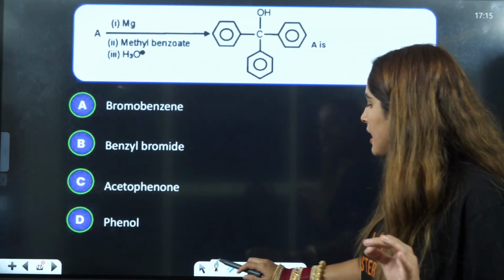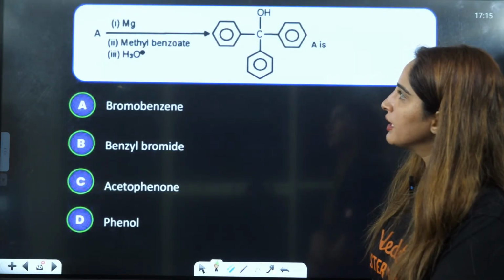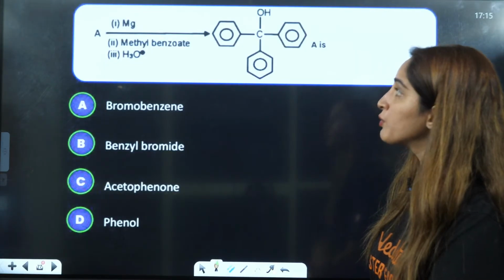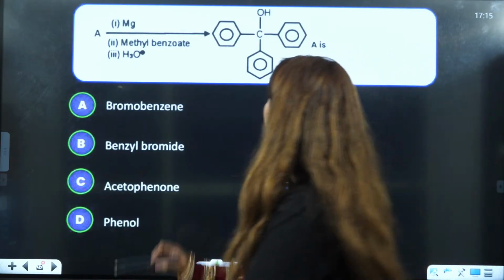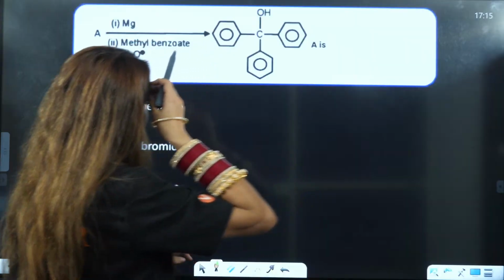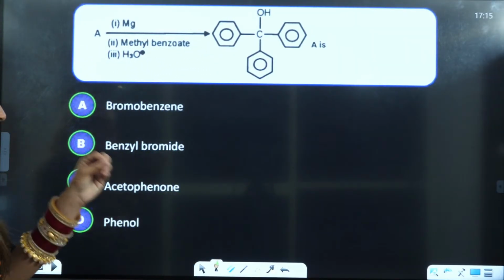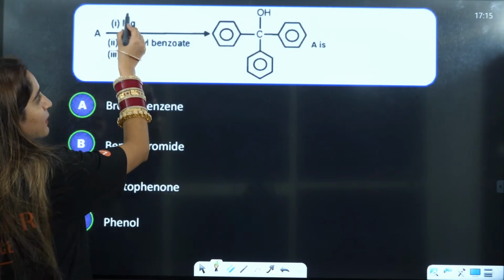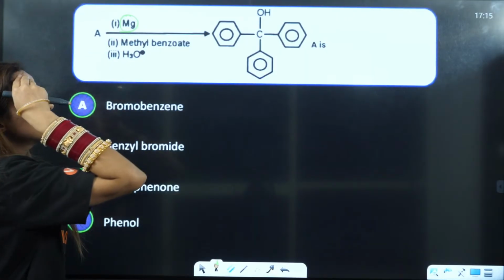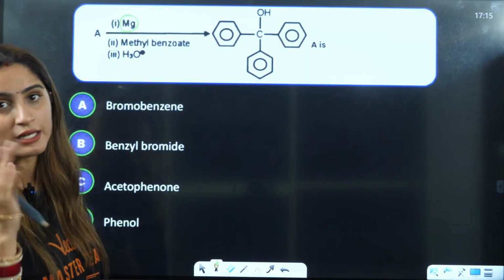Next is, here you have a compound, in which you add Mg, then you add methyl benzoate, then you hydrolyze it, and you will have the formation of this thing here, right? First thing is, I'll only pick that which has benzene, and because of Mg here, I got a hint that there will be formation of Grignard reagent.